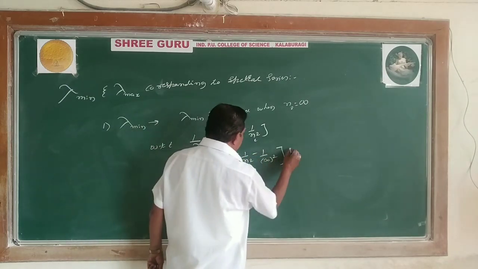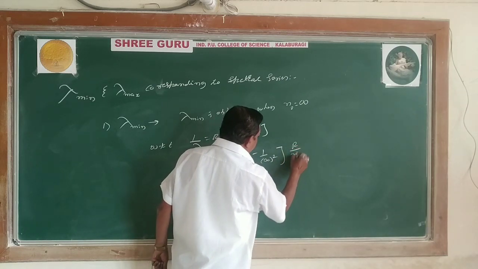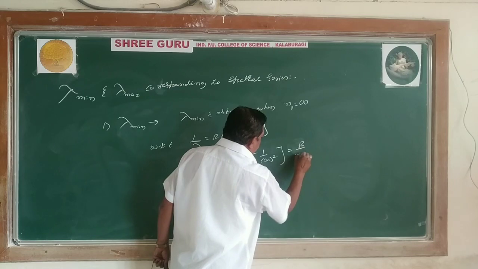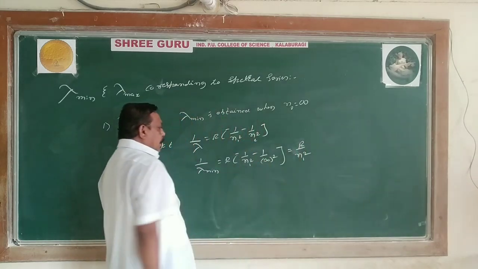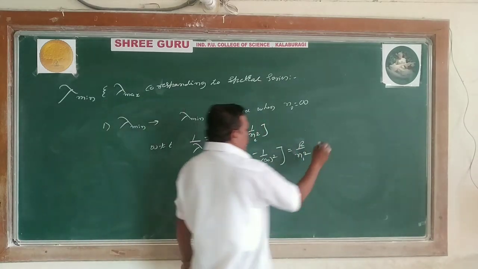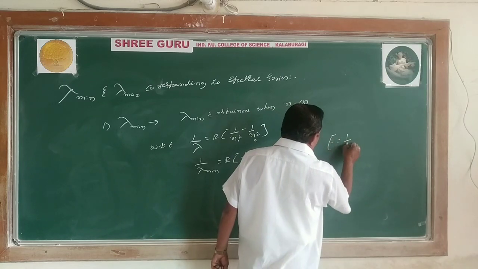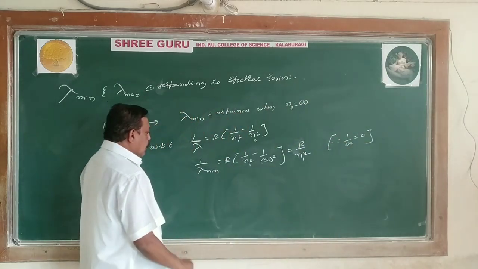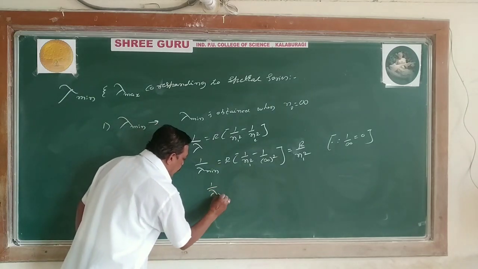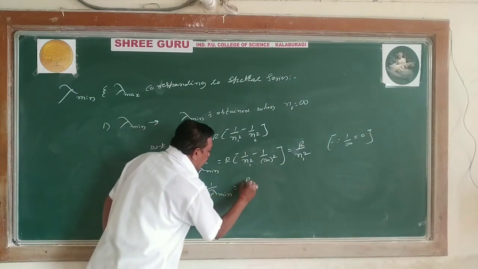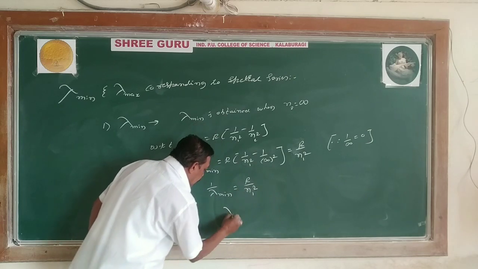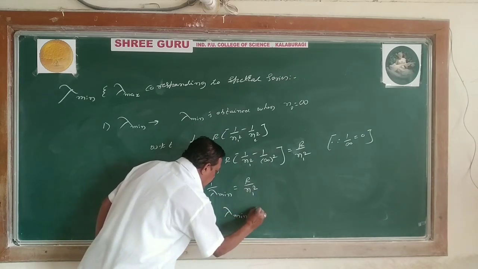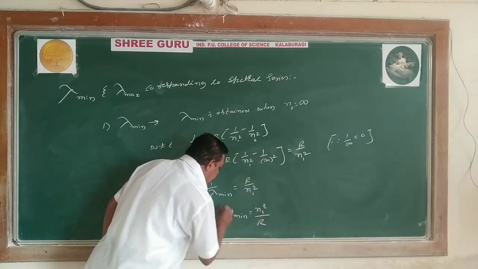This is nothing but R by n1 square, because 1 by infinity is 0. So 1 by lambda minimum equals R by n1 square. Then lambda minimum equals n1 square by R.